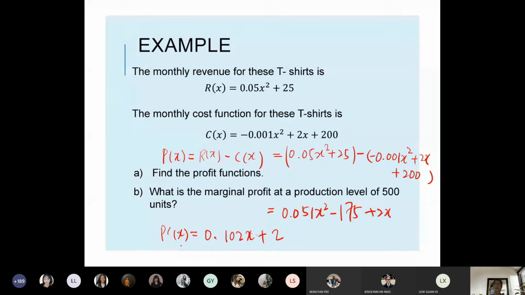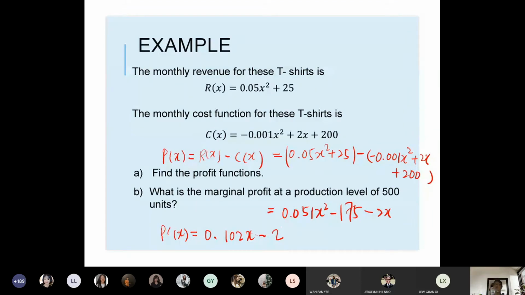So how to find the marginal profit when the production level is 500? There's a mistake here. This is actually negative. Yes, thank you.